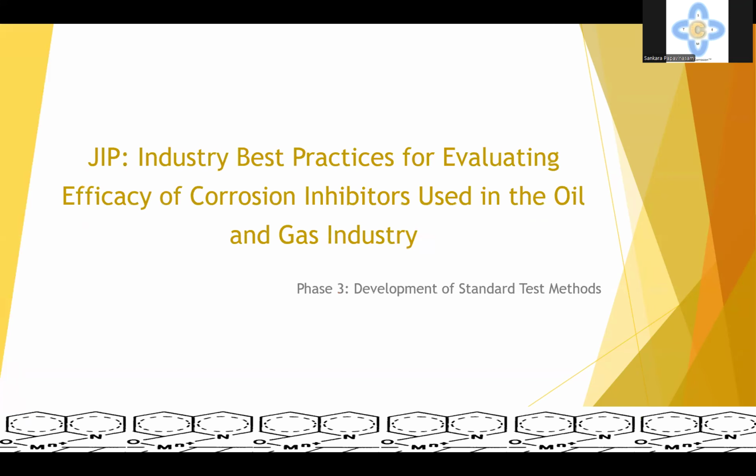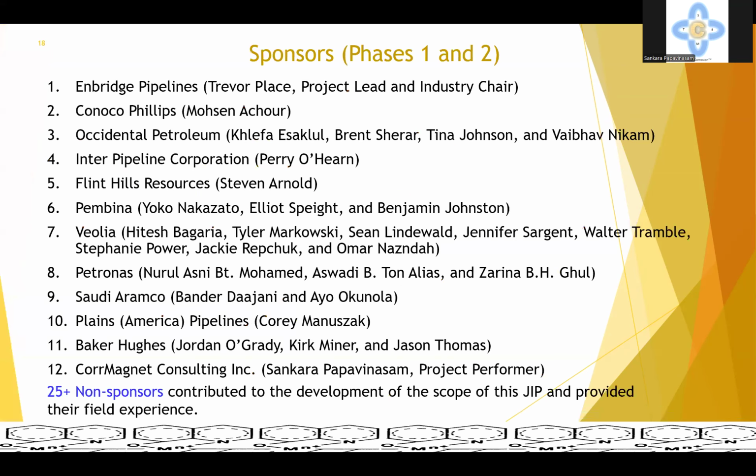With that, let me also go through where we are with respect to phase 3, some of the key aspects of phase 3, which is the development of standard test methods. And that joint industry project is supported by 12 companies. And these are the list of companies.